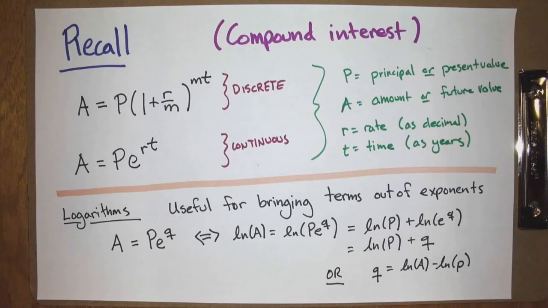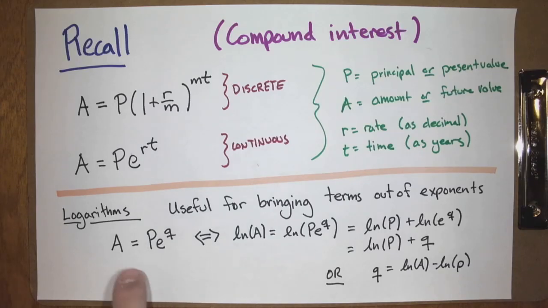So maybe we're trying to find a value that's currently upstairs. It's up in that exponent. And we're just like, come on, how do we get it out? Well, we use logarithms to do it. And logarithms are the inverse of exponential functions. And so what you're doing is you're essentially undoing the exponential part.